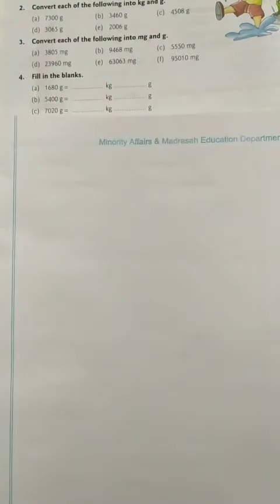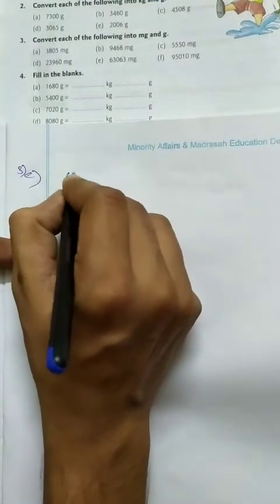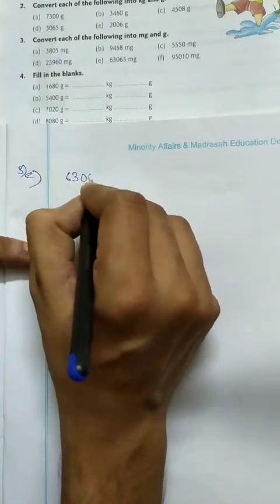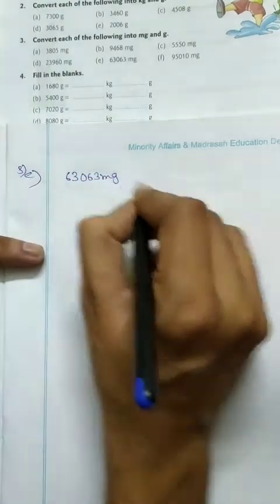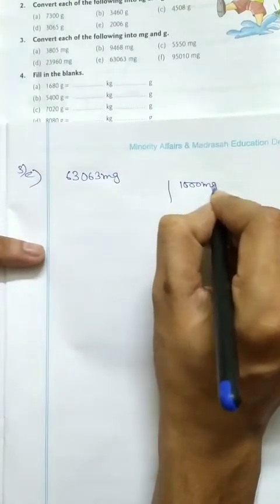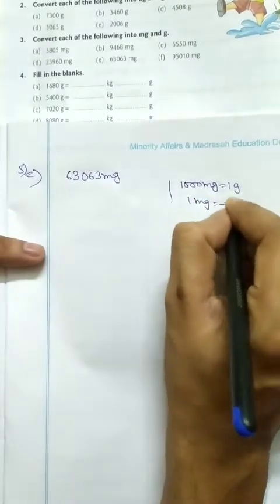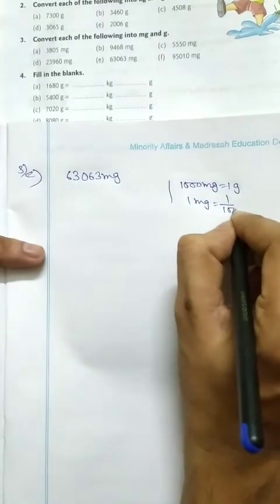Now see question number 3 E. Here given 63,063 milligram, and we have 1000 milligram in 1 gram, then 1 milligram is 1 upon 1000 gram.